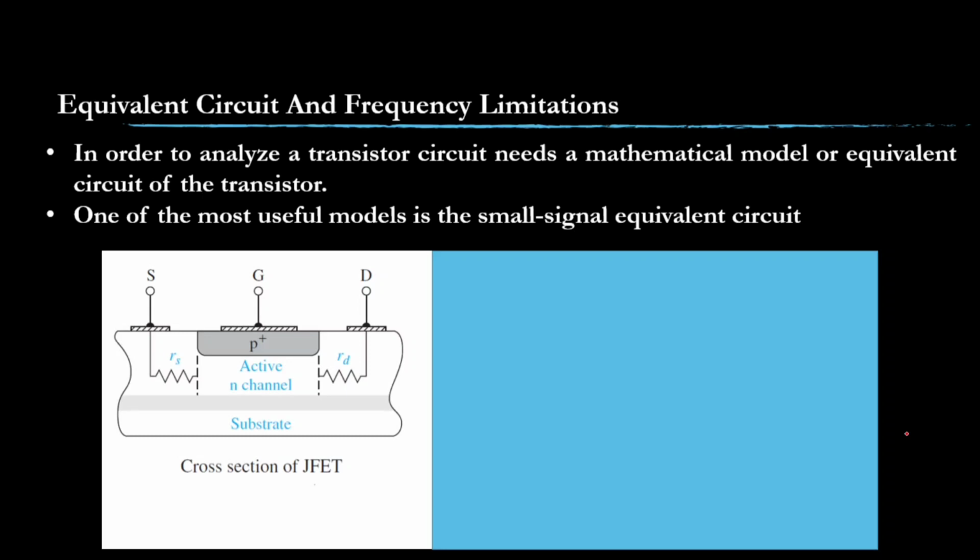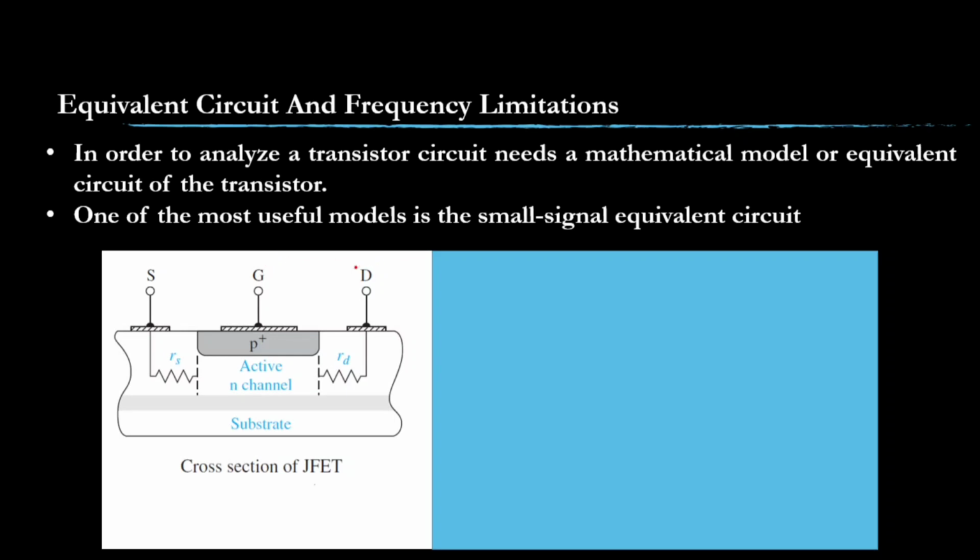The small signal equivalent circuit means we are going to draw a circuit which is valid for low frequency inputs. That model is going to change if we apply a higher frequency, so we are going to see both cases one by one in this session. Look at this diagram: you can see a JFET with three leads, source, gate and drain.